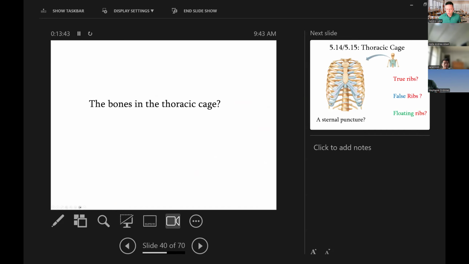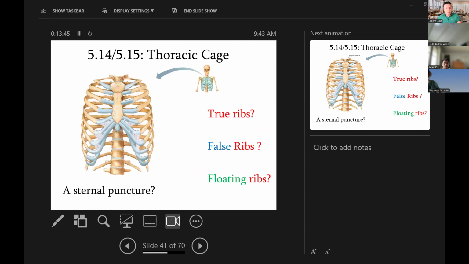All right, guys, moving on to the thoracic cage now. And the thoracic cage is made of two different bones. We have the ribs and we have the sternum. Not all ribs are created the same, folks. We have what we call the true ribs, we have the false ribs, and we have the floating ribs.